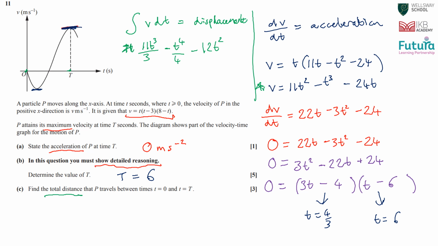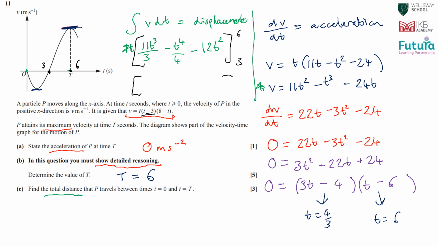We're going to need to integrate between t equals 6 and this point just here, which is going to be 3, because our original function has a root at 3. So we're going to integrate between 6 and 3.